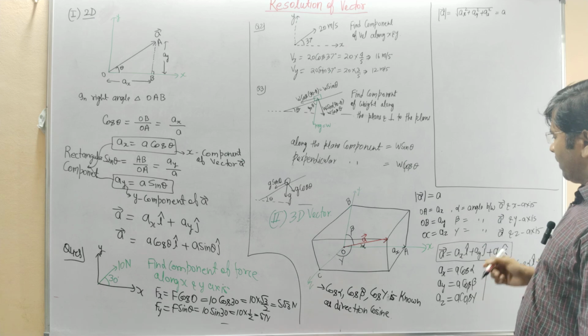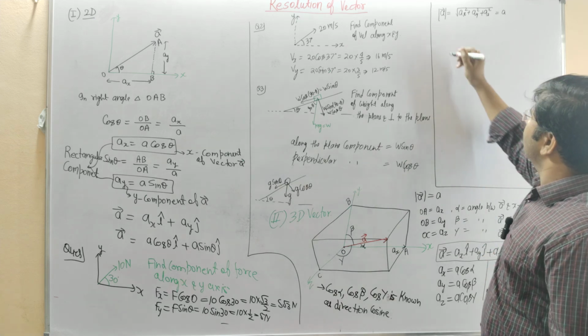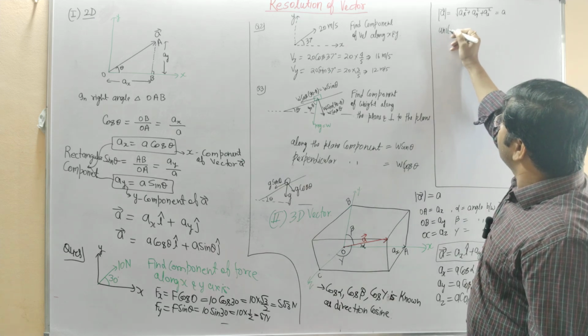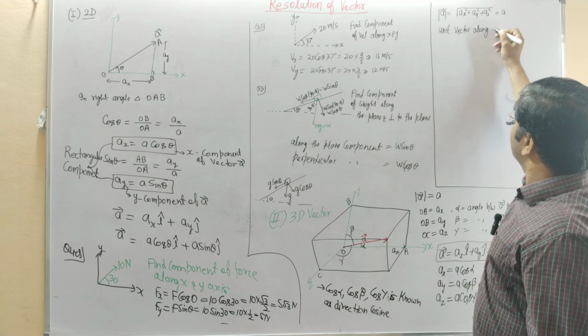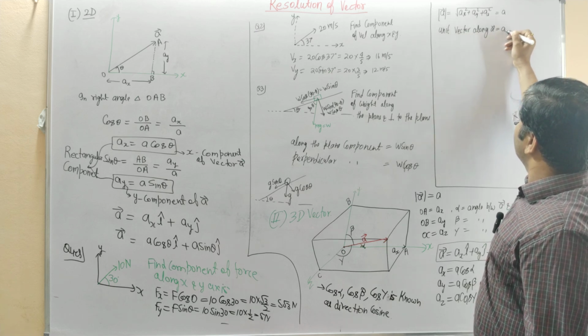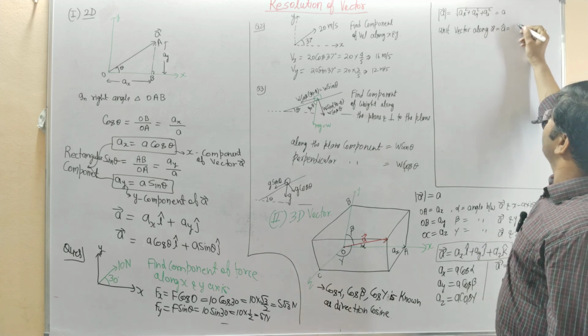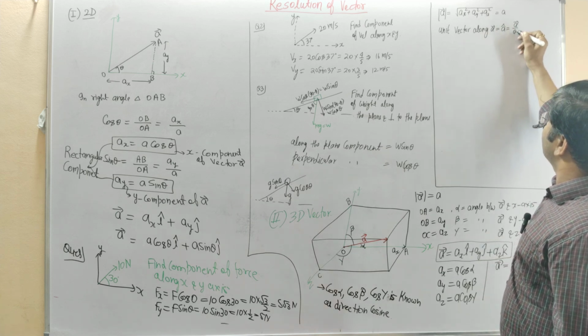Now if I am calculating the unit vector along vector A, then I will call it A cap. This value will be vector A upon the magnitude of the vector.